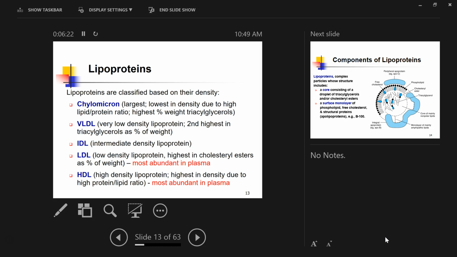And LDL and HDL are the most abundant lipoproteins in the plasma. The reason is that for these two lipoproteins, the turnover rate is kind of slow, so they are maintained in the plasma. That makes the levels or concentrations of these two lipoproteins high in the plasma.